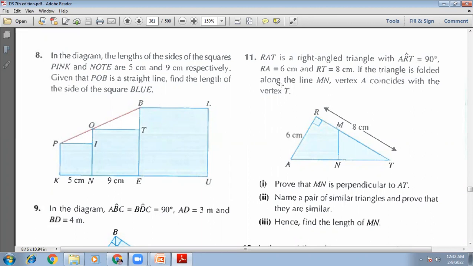If the triangle is folded along the line MN, vertex A coincides with vertex T. So when T coincides here, this will prove that MN is perpendicular to AT. You see, when you fold this triangle along MN and T coincides with A, AN will be equal to NT. This angle will automatically be 90 degrees.